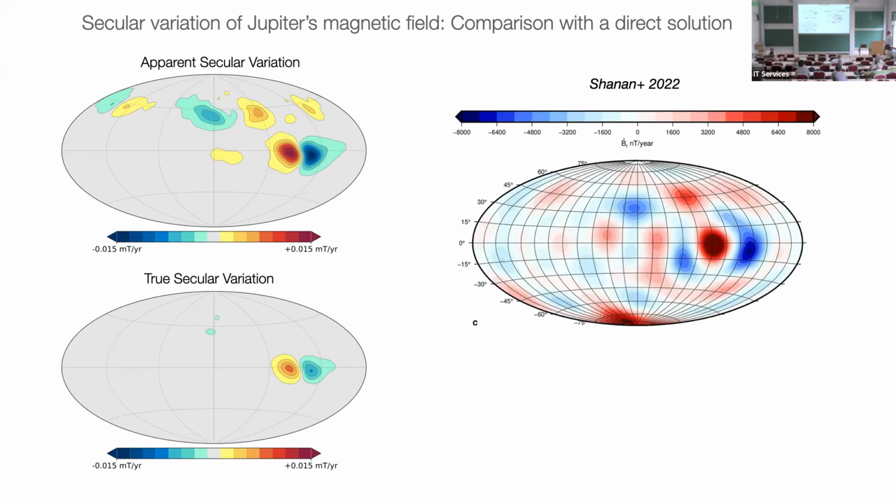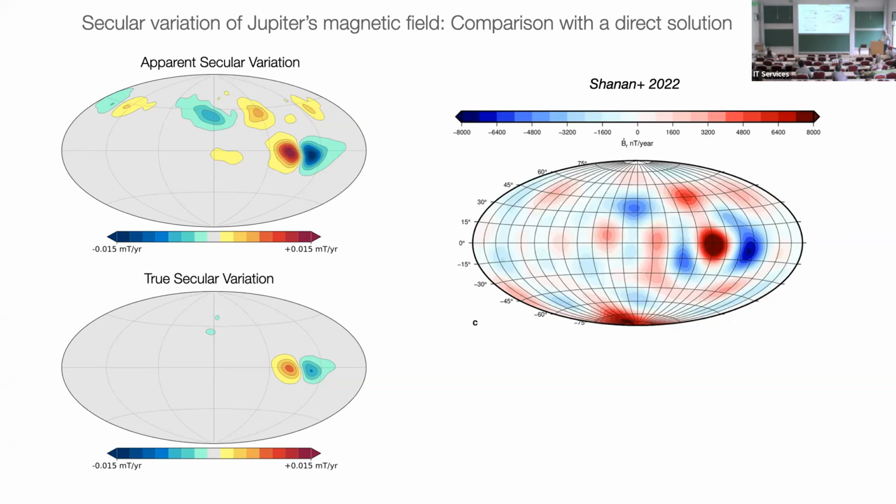There are good similarities between their solution and our apparent secular variation. The secular variation due to the Great Blue Spot, some of this due to the advection to the east of the northern hemisphere flux band. These match up well. But a lot of that is just because of the frame of reference.